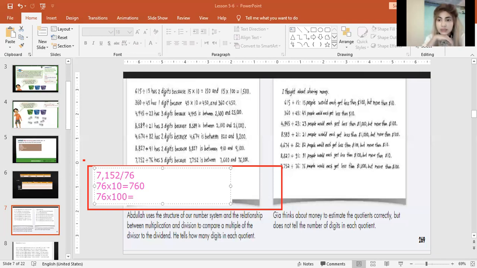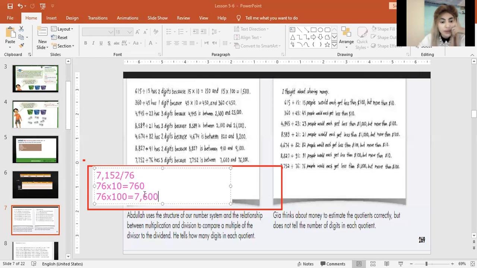Then I will go to 76 multiplied by 100. It will be 7,600. So I think 7,152 is smaller than 7,600, so it is before it.